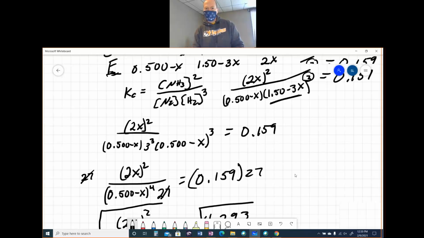You can say 0.159 is small, x is going to be small, neglect your plus and minus x. This will take you from x1 to x2 to x3 to x20, and that's going to be your answer. Not until you did 20 successive approximations. So again, that's going to be a lot of time to do that, but that can be done. But again, it's going to take 20 times before you get a match.